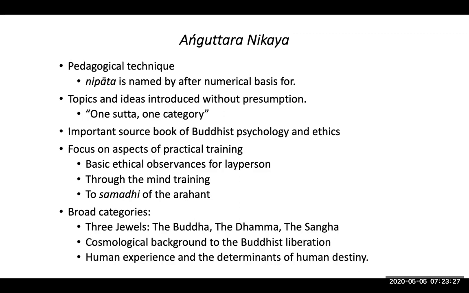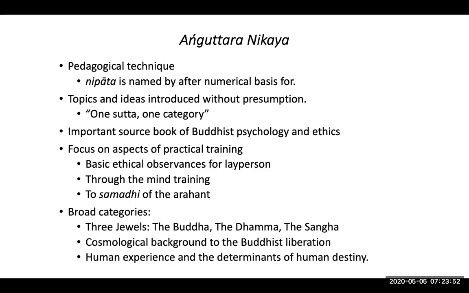This requires a numbering system to facilitate organization of the themes into numerical lists. So the numerical system facilitates memorization of the Buddha's themes and ideas by counting the numerical list.